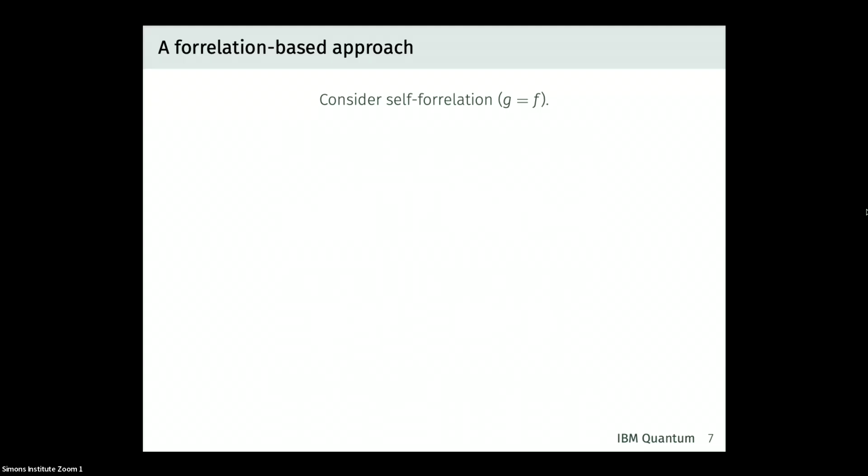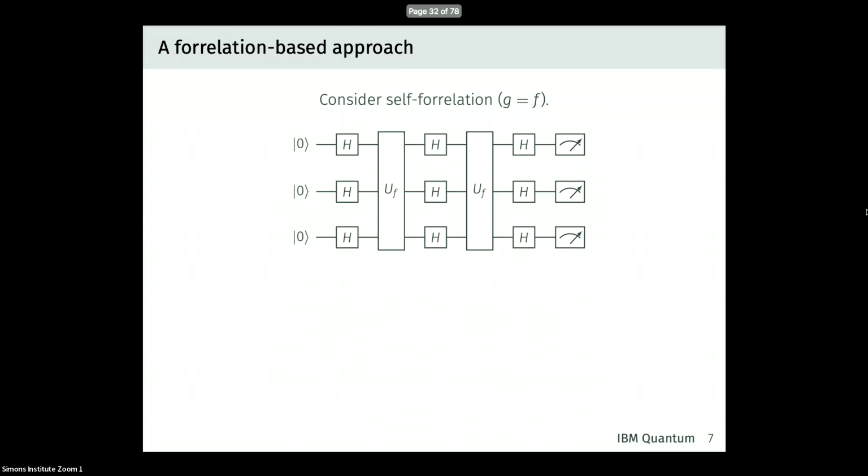Here's another observation. Suppose that instead of regular correlation, we consider something we'll call self-forrelation, where you just take the g function to be the f function. You basically want to know how correlated f is with its own Fourier transform. The circuit for computing this would now look like this, and it ends up having a very nice form.